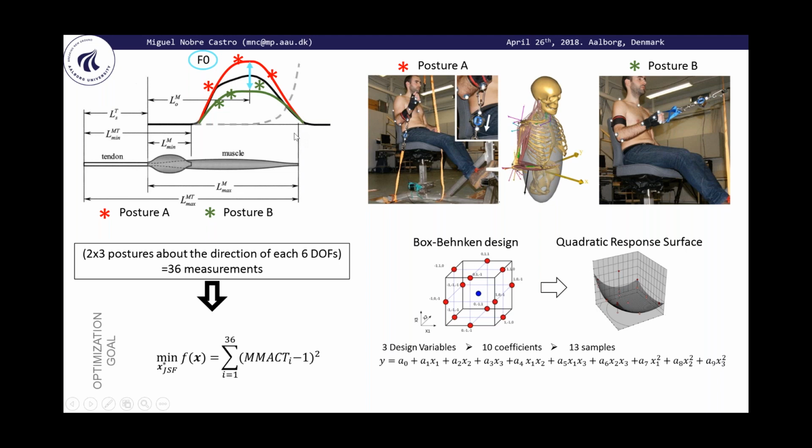And that would mean that we would like our design variables to be able to adjust these points in the curve, in such a way that for every one of those 36 measurements we performed, we would expect to get 100% overall maximal muscle activation.